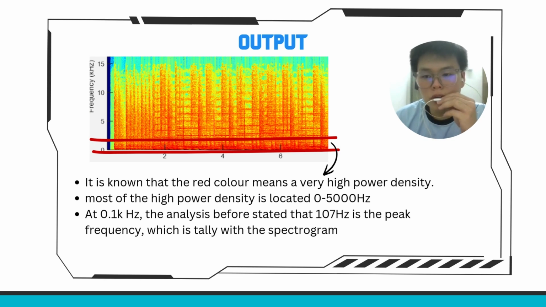If we focus on the 0.1 kHz, the region along 0.1 kHz is red. That means the output before tallies with our spectrogram: the energy is accumulated in the 0.1 kHz region. This also gives us another signal that the song is mostly low frequency component.